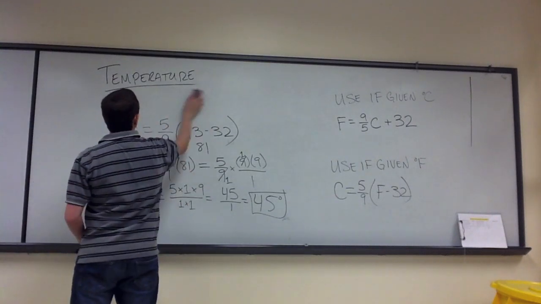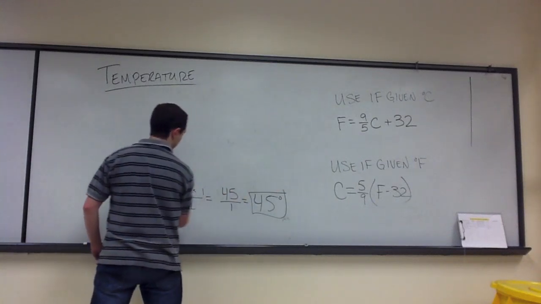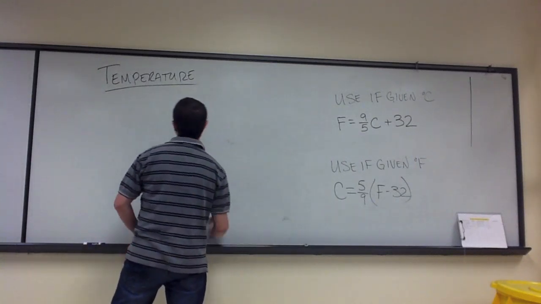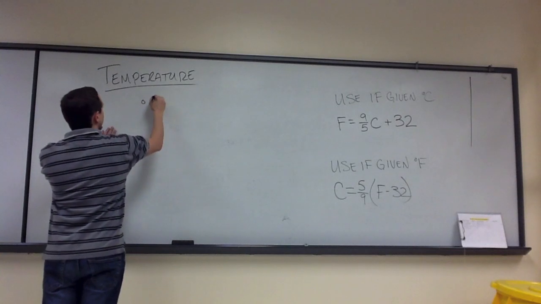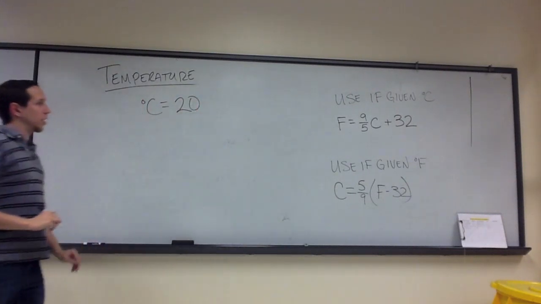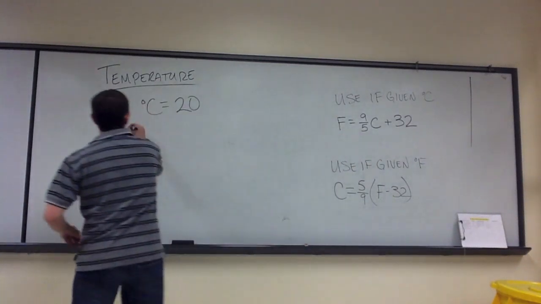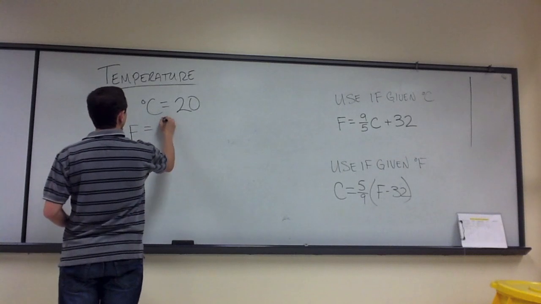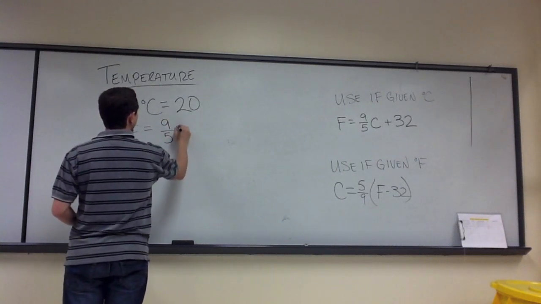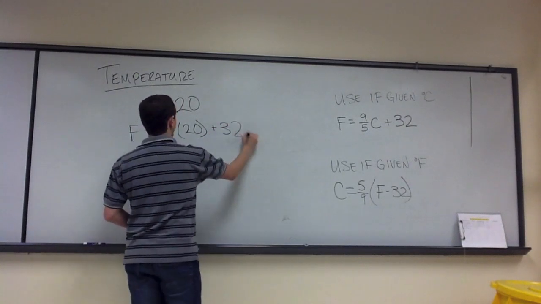All right. Let's say that I instead started with degrees Celsius equals 20. Okay, so I'm given Celsius, so I'm going to use this formula. It's going to be F equals 9/5 times 20 plus 32.